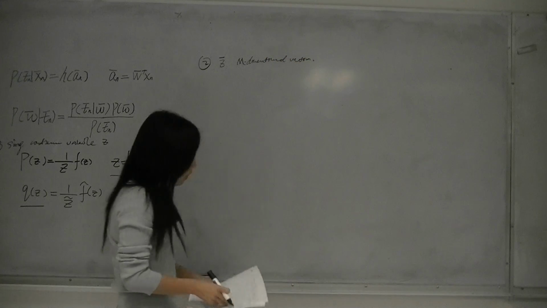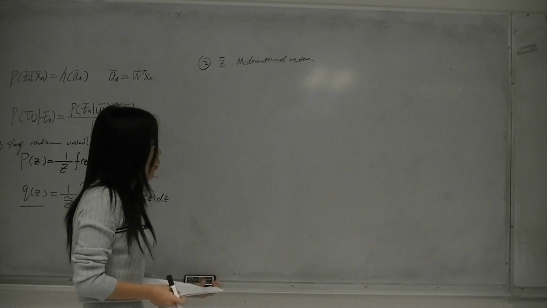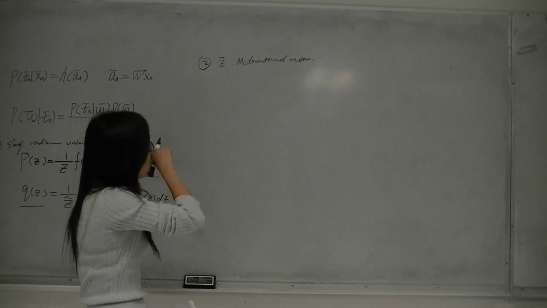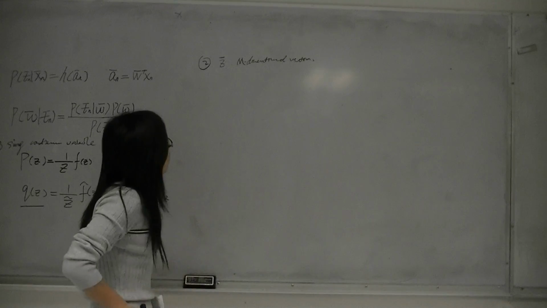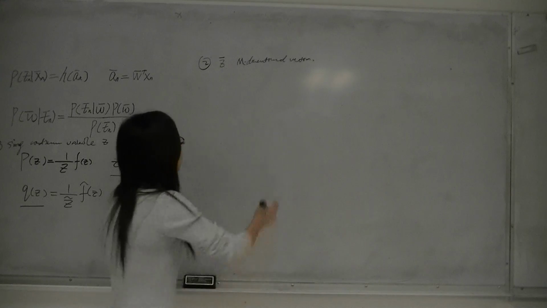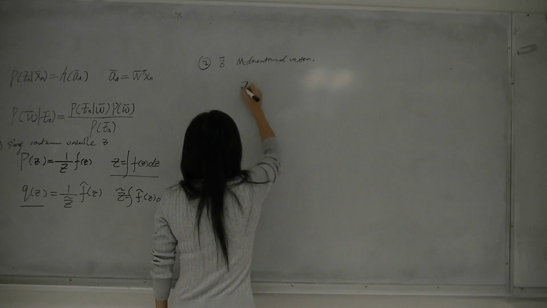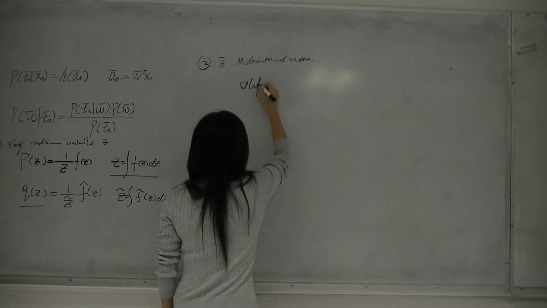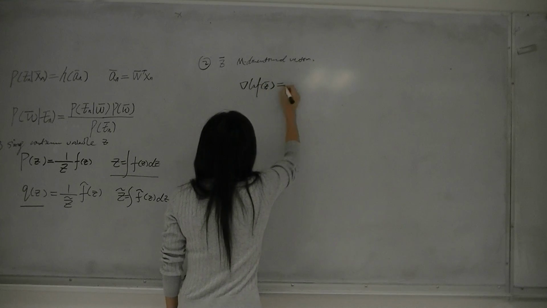With an m-dimensional vector. To perform the Laplace approximation, we need to first calculate the first derivative of ln f(z) and set it to be 0.